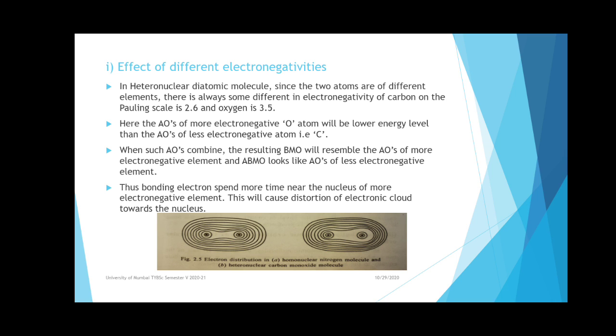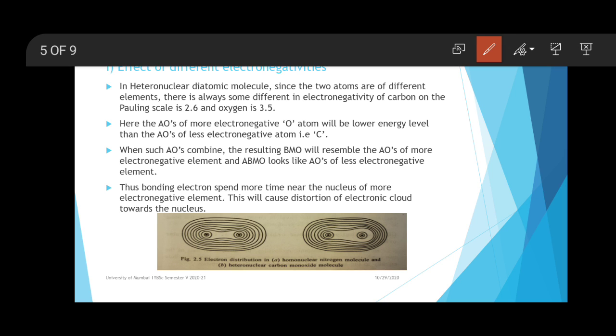Thus, when such atomic orbitals combine, the resulting bonding molecular orbital is formed in such a way that it resembles the atomic orbitals of the more electronegative atom, because it is nearer to that, while the antibonding molecular orbital looks like the atomic orbitals of the less electronegative atom. I will show here how. So this is how we will see it.